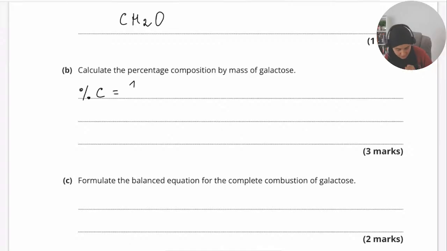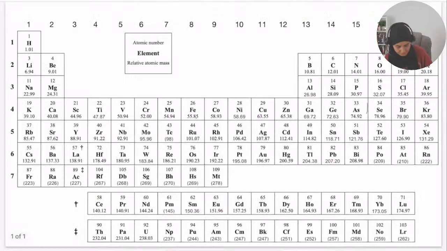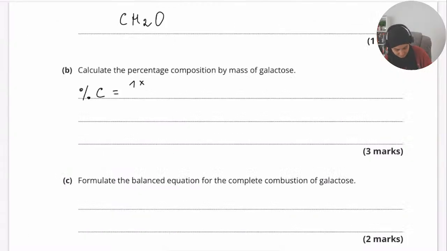So I do 1, that's moles of carbon, times the molar mass of carbon from the periodic table, 12.01, divided by the total molar mass. Well, let's find it separately.